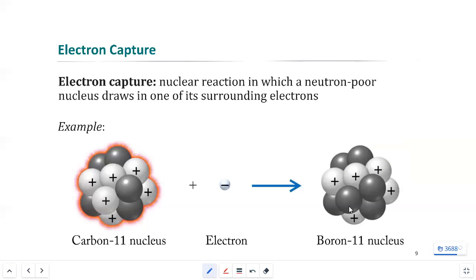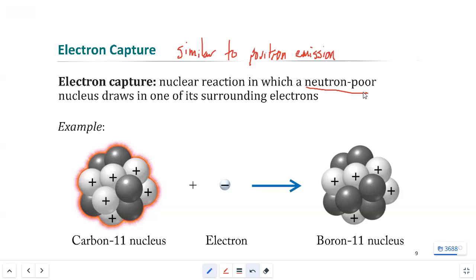All right, last form of decay, electron capture. Electron capture looks very similar to positron emission. And we can see that because we're again dealing with neutron poor substances.